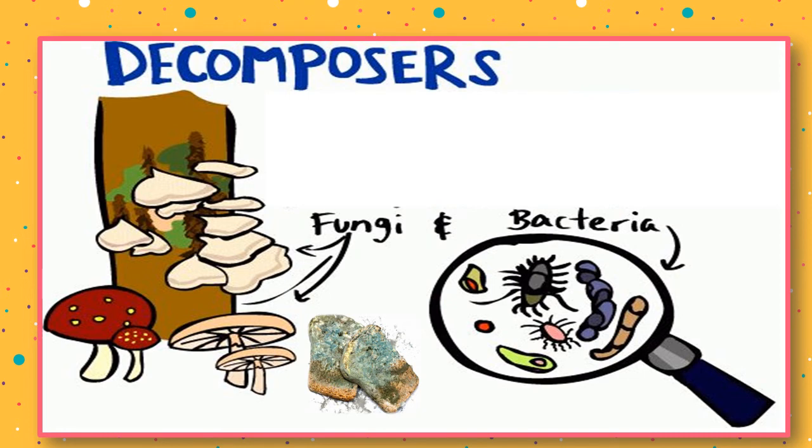We have another type of living organisms. They cannot make their own food like plants, and they don't depend on plants in feeding like animals. These organisms are called decomposers. They are living organisms.